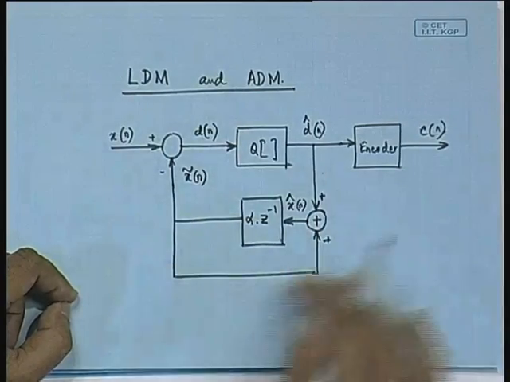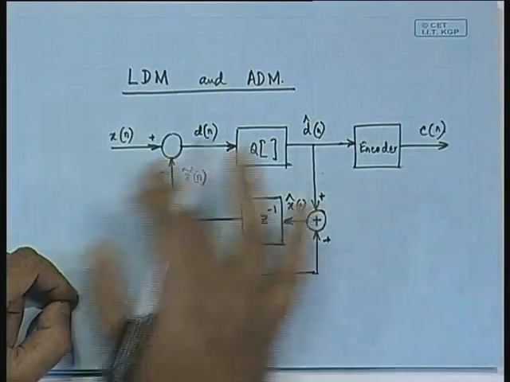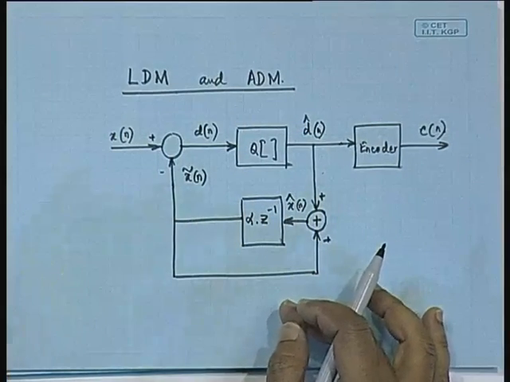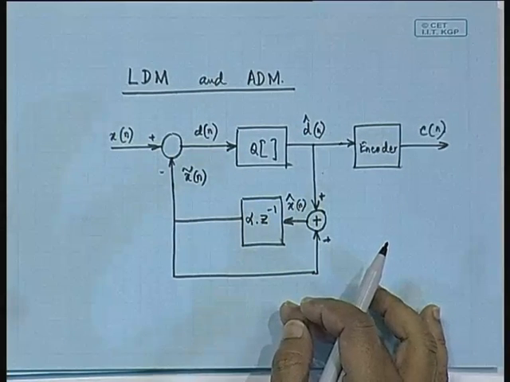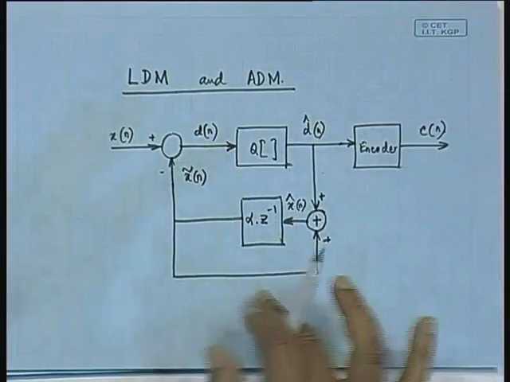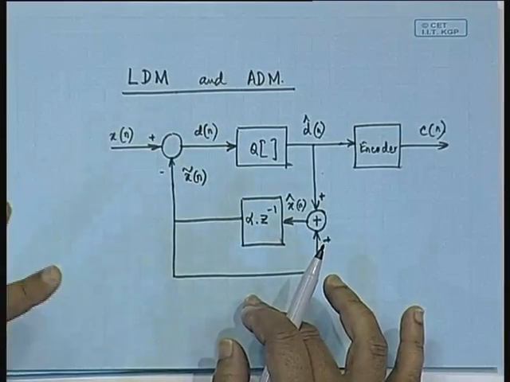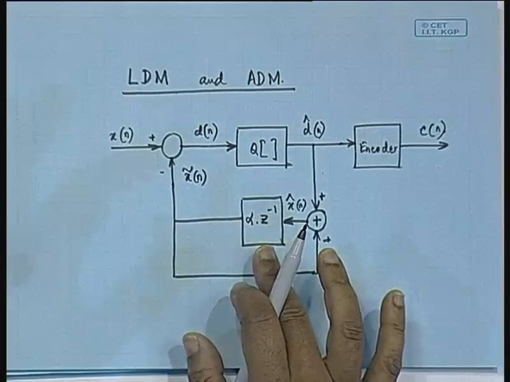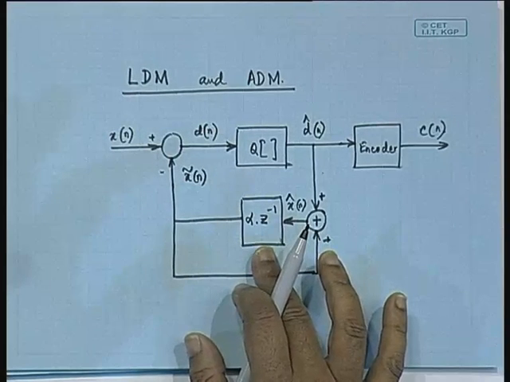So, this is the basic implementation of the differential coding scheme. In fact, you will find a very similar thing when we go in for differential pulse code modulation. The block diagram as drawn like this is no different from this, okay, especially when we have only the estimate based on the previous sample.